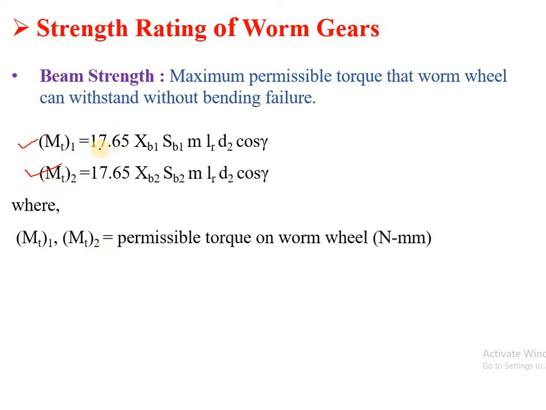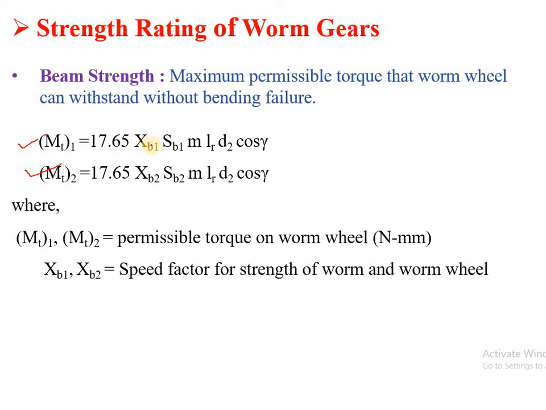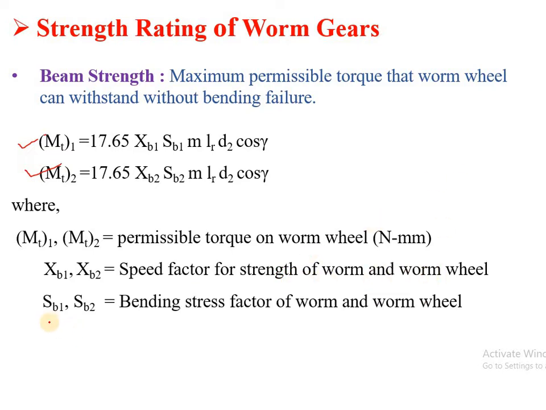Now here the formula is 17.65 into XB1 into SB1 into M into LR into D2 into cos gamma. XB1 and XB2 are the speed factors for strength of worm and worm wheel, whereas SB1 and SB2 are the bending stress factors of worm and worm wheel.